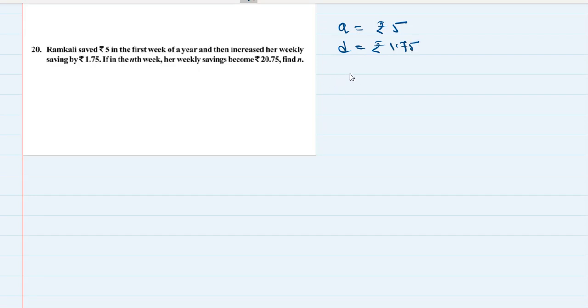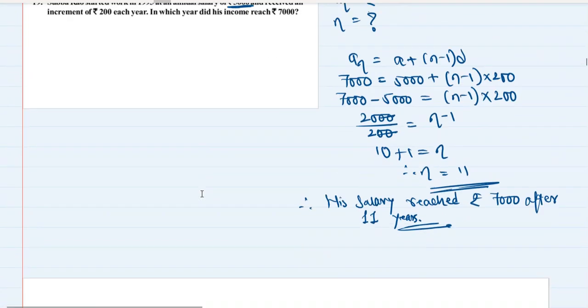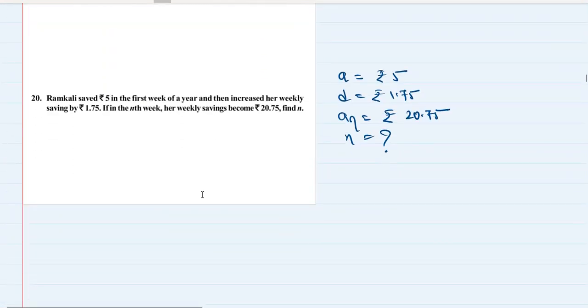If in the nth week her weekly savings becomes rupees 20.75, so nth term is rupees 20.75, find n. This question is absolutely same like the previous question, right? Exactly same concept, only numbers are different.